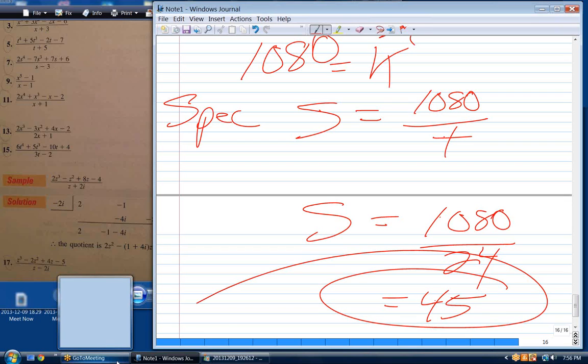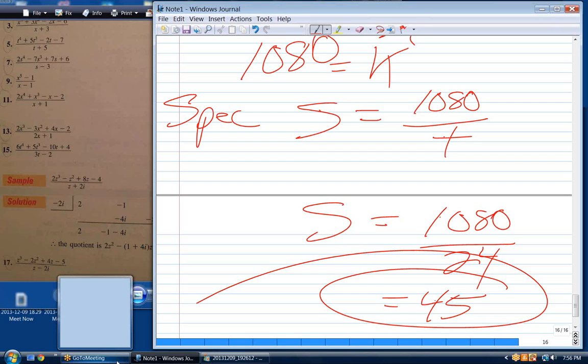And that's how you want to do all problems related to direct or inverse relationships. The very first step is to solve for that k. Is to set it up as an equation with k in it, and then solve for k given the two variables that they give you.